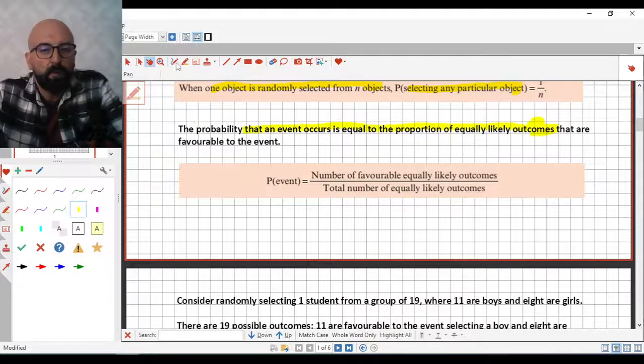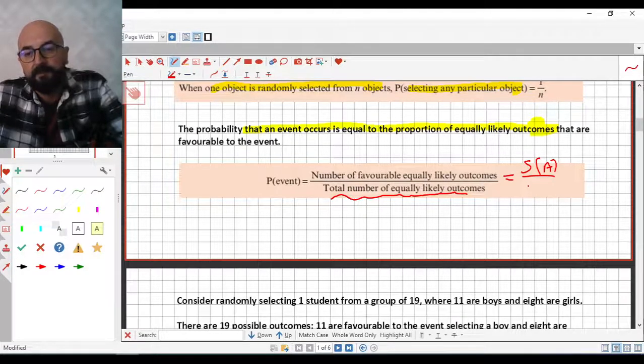The probability that an event occurs is equal to the proportion of equally likely outcomes that are favorable to the event. The probability of an event equals the number of favorable equally likely outcomes over the total number of equally likely outcomes, the number of experiments.